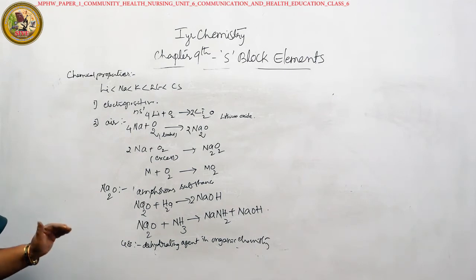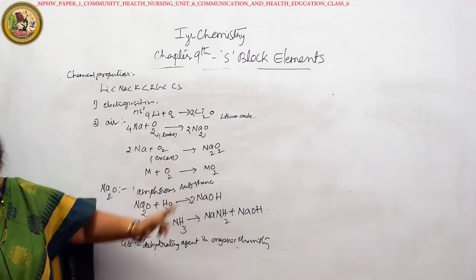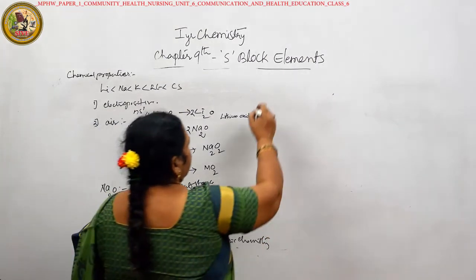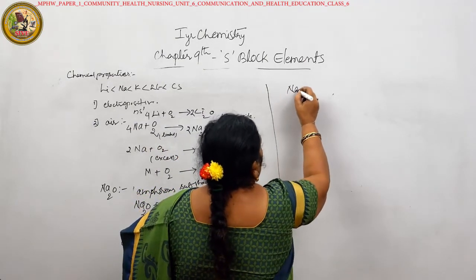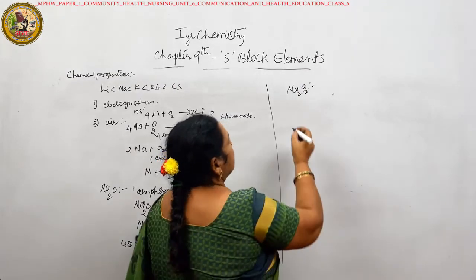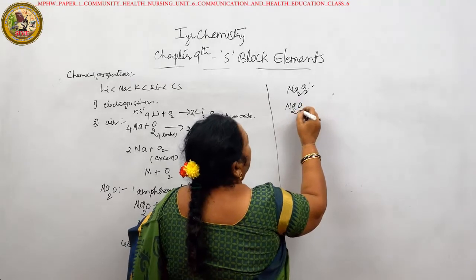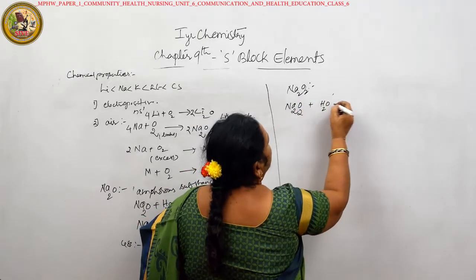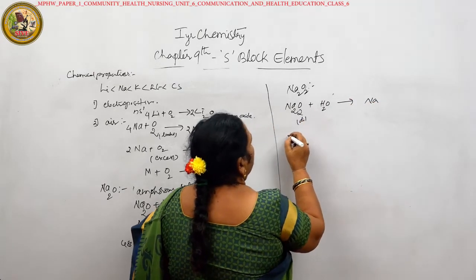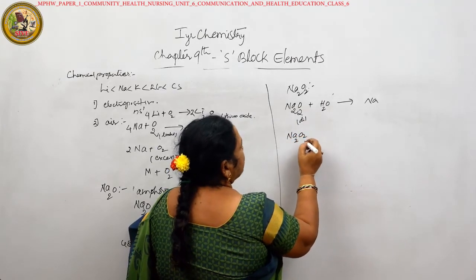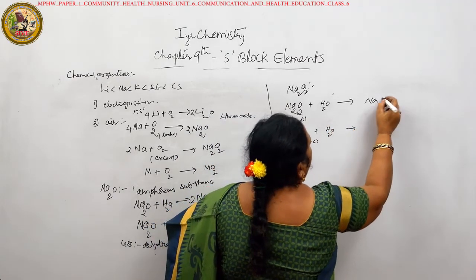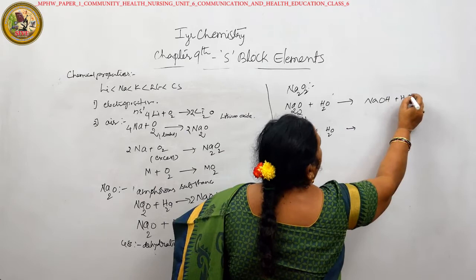Next we shall see sodium peroxide, Na2O2. What happens when it dissolves in water? It gives different products depending on whether it is diluted or concentrated. With dilute solution, it forms NaOH and liberates H2O2.